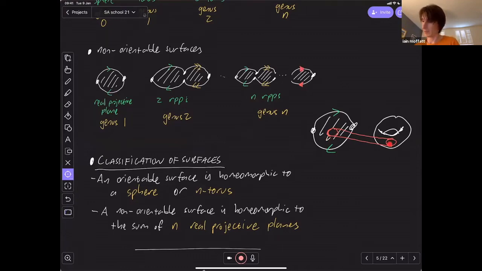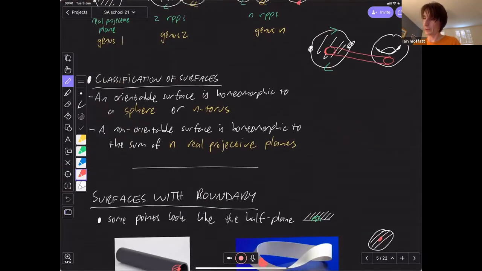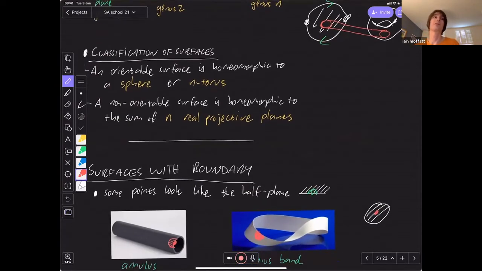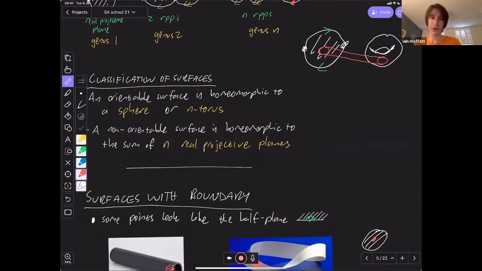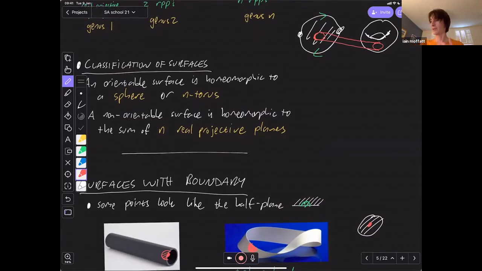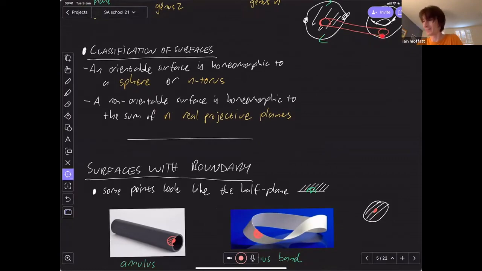get a new surface. And in these examples, all I'm doing is taking this hole, so I'm actually just pushing the hole down to this point here. My picture is a little misleading. And there's no reason that you can't form this sum operation as we did here with respect to non-orientable and orientable surfaces, so the real projective plane and the torus.